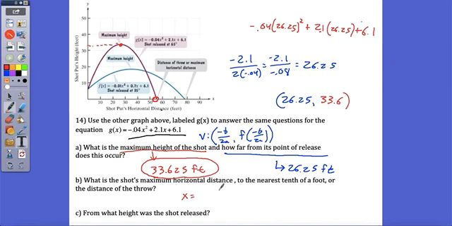X is equal to negative b, so that would be negative 2.1 plus or minus the square root of b squared, that would be 2.1 squared, minus 4 times a, 4 times negative 0.04 times c, which is 6.1, all over 2a. 2a is negative 0.08. So we can put this in the calculator.